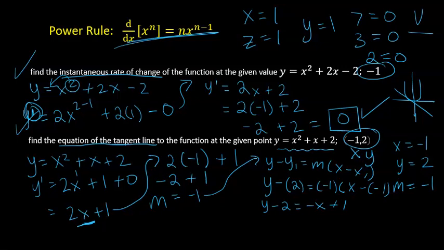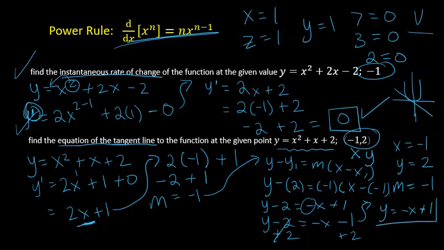And I'm going to distribute this. So it gives me y minus 2 equals negative x minus 1. I'm going to isolate y by doing plus 2 on both sides. That goes away. So my final answer is going to be y equals negative x plus 1. Right? This is my final answer. The equation of the tangent line.